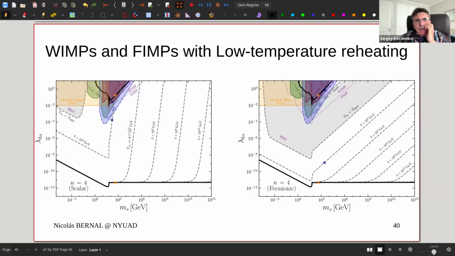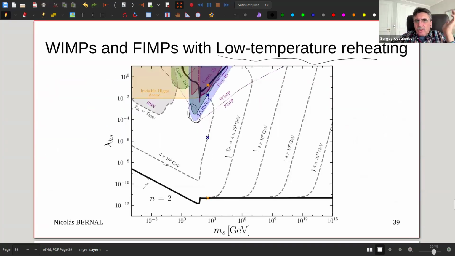Yes, please. So then this reheating temperature should be a free parameter in the game, as a cosmological parameter to probe, to test? Right, we are assuming it's a free parameter. However, if you have a full model of reheating, you can compute what the reheating temperature is.